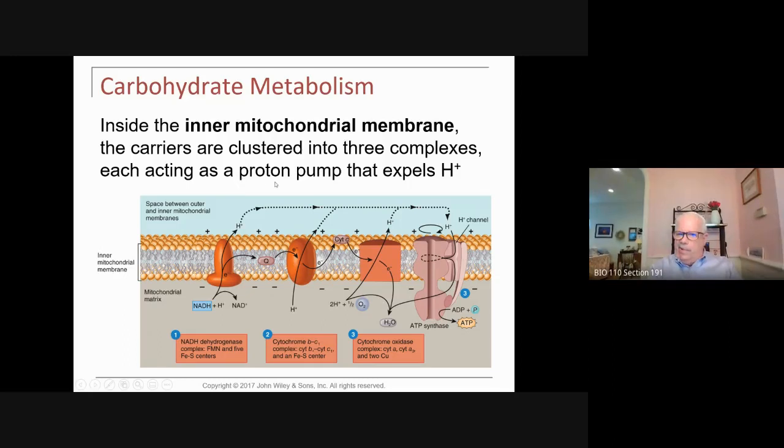Whenever you see the word proton pump, you should always think that it expels hydrogen because this is the proton. So the proton pump will always expel hydrogen. And what is hydrogen attached to? It attaches to oxygen to make metabolic water. That is very, very important.